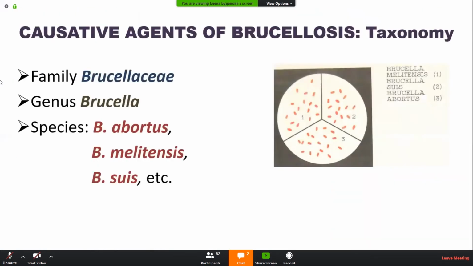It is also caused by a gram-negative bacterium, Brucella, that belongs to the genus Brucella, named after Bruce. Genus Brucella includes many species.